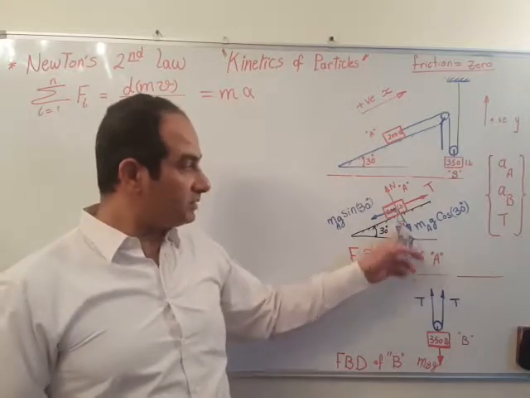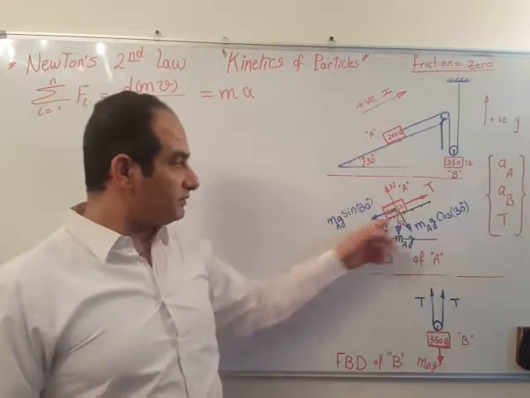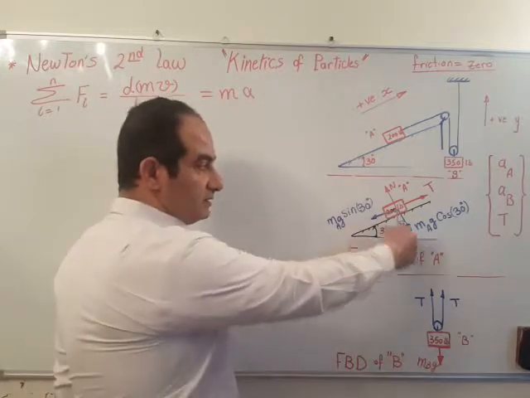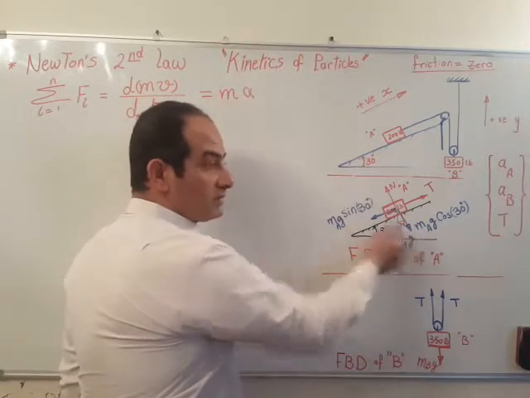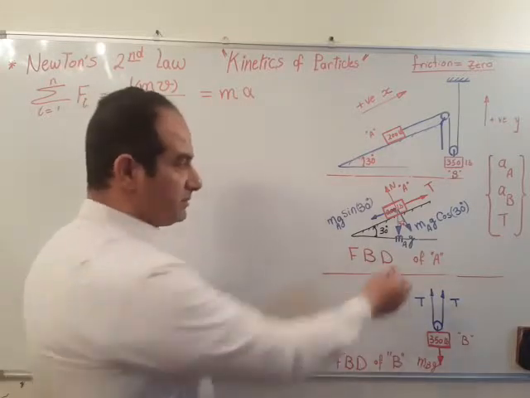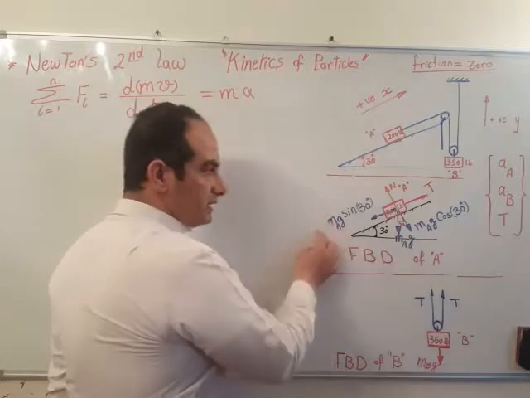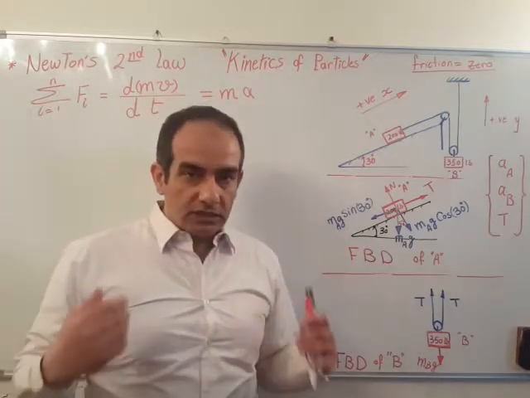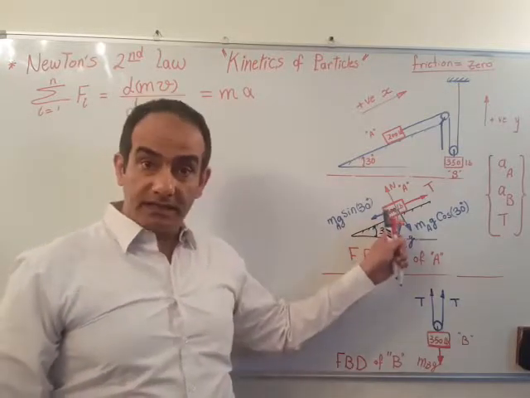One is perpendicular, the cosine component. One is parallel to the surface, the sine component. So you can represent the weight of mass A into two components, as we usually do, the cosine component and the sine component. Do we have any other forces applied to this mass?